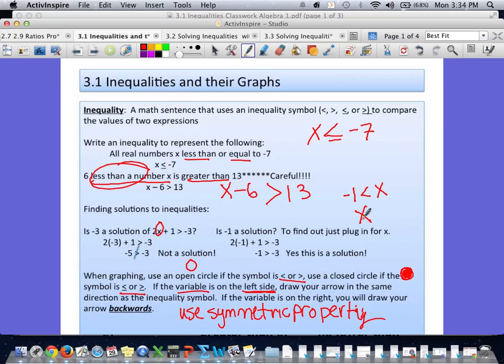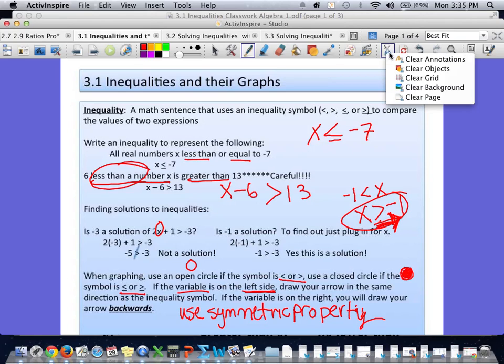Make sure that this mouth is going towards the x in that direction, and then -1. This is the symmetric property. It says we can flip it around. But you want to have it over there so that if you were drawing the line to this, you would draw this direction and shade this way on your number line, because the arrow is pointing that way. That's using the symmetric property.